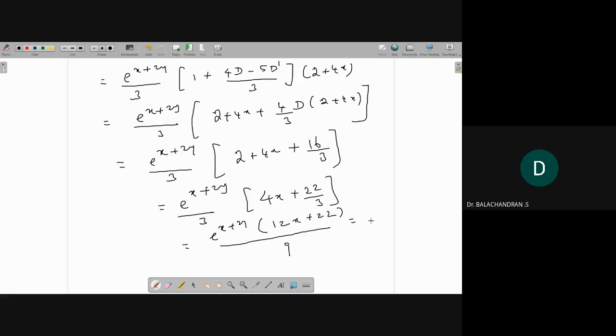Take 2 commonly, you'll write 2 by 9 e power x plus 2y into 6x plus 11. So this is your PI. So the final answer is equal to CF plus PI. Okay. So this is the end of the first unit.